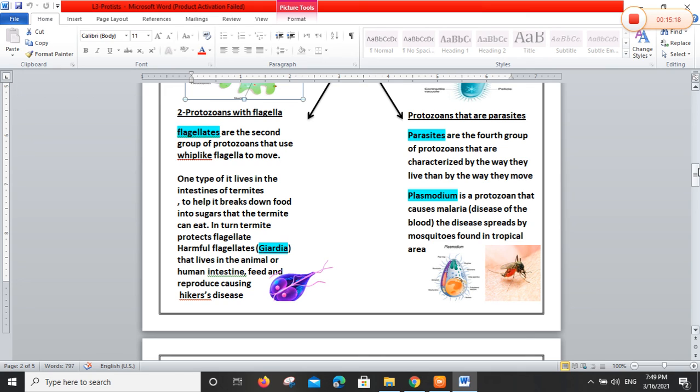The mosquito absorbs the blood of an infected person and transfers it to another, healthy one. So the disease is transferred from one person to another, along with the protozoan Plasmodium, and causes malaria. So malaria is caused by Plasmodium, a protozoan that is a parasite. Yes, thank you all of you.